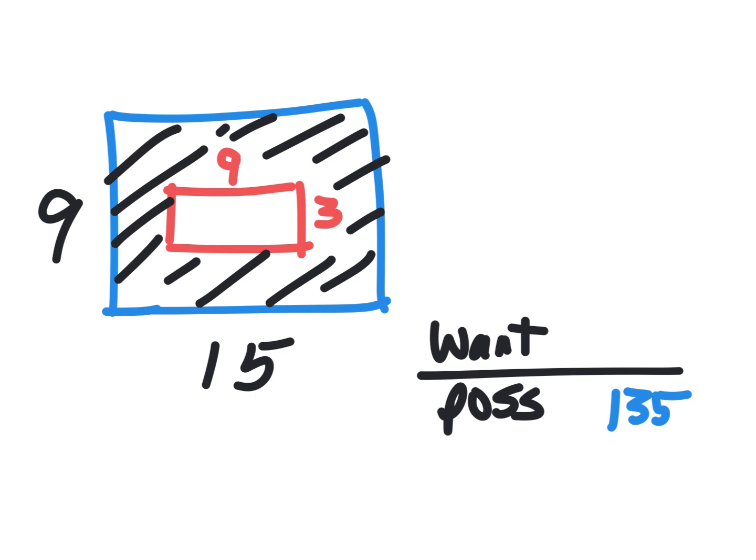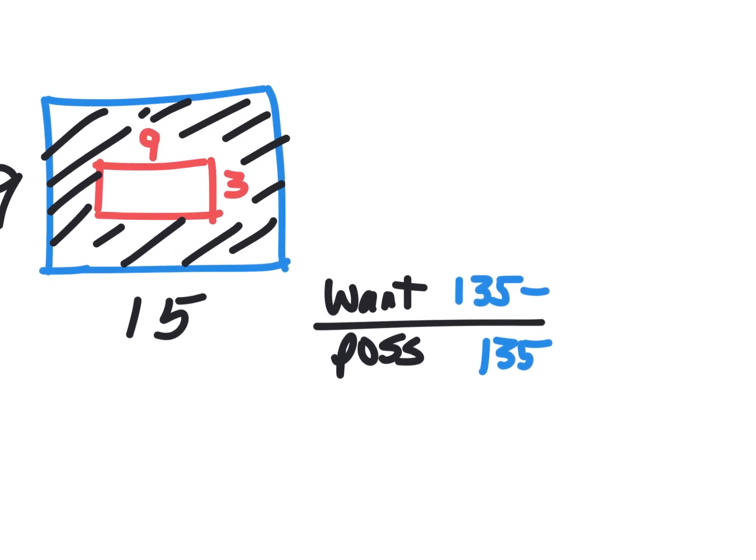That'd be if it was shaded inside it, but we shaded outside it. So we want to take the same 135, but take away the 9 times 3, which is 27. So it's almost the whole area, but not the 27.